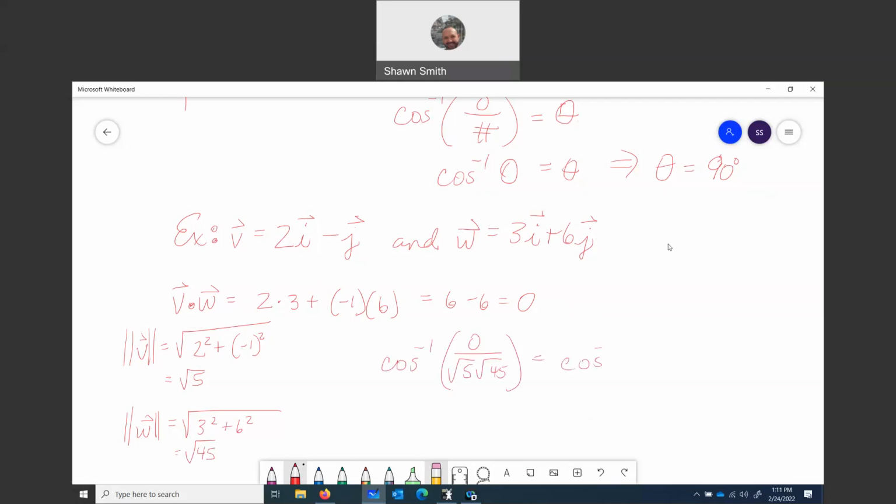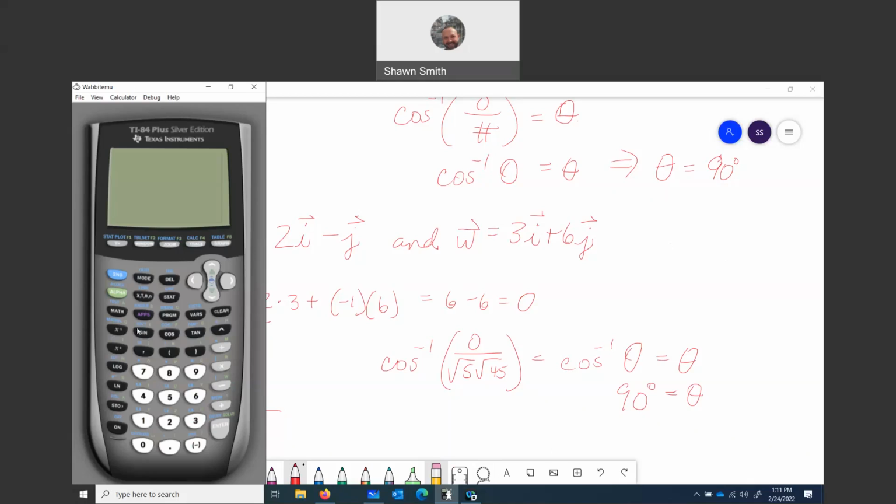It's still the inverse cosine of 0, which is theta, 90 degrees. And if you still don't believe me, use a calculator, right? Second inverse cosine of 0 equals 90. So it's the right angle between the two.